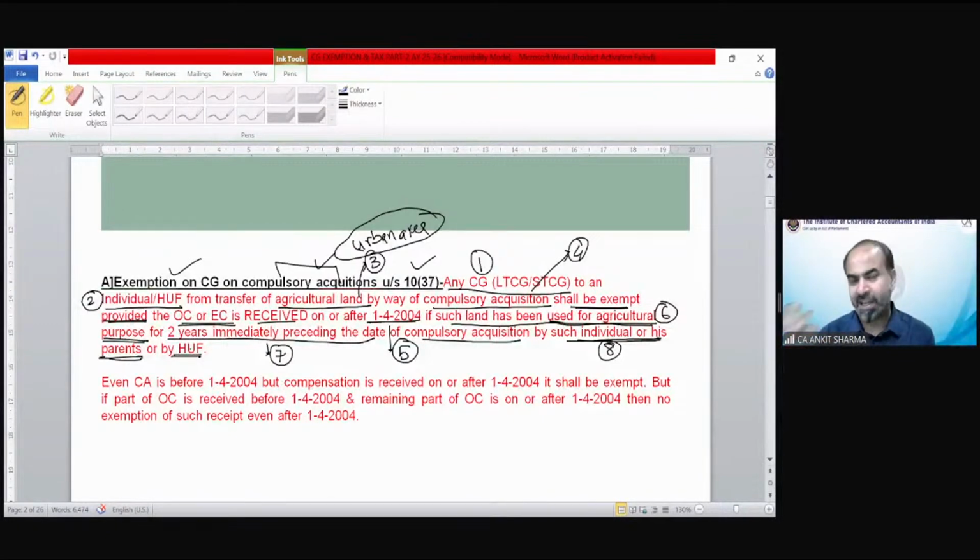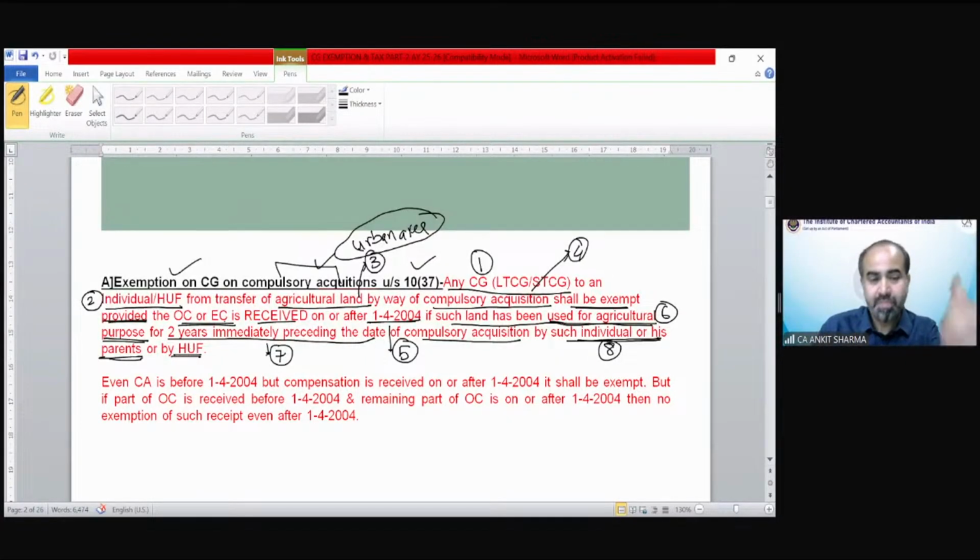Or if it is an HUF, then the HUF should use it for agricultural purpose. So you can see in a simple 4-line paragraph, there are 8 important conditions for applicability of this exemption. All of these conditions should be satisfied for claiming the exemption.